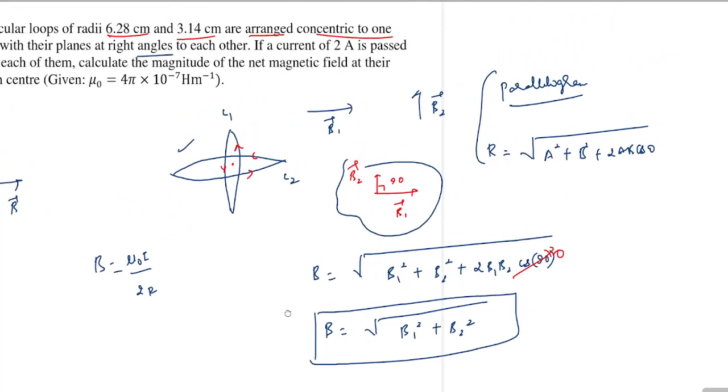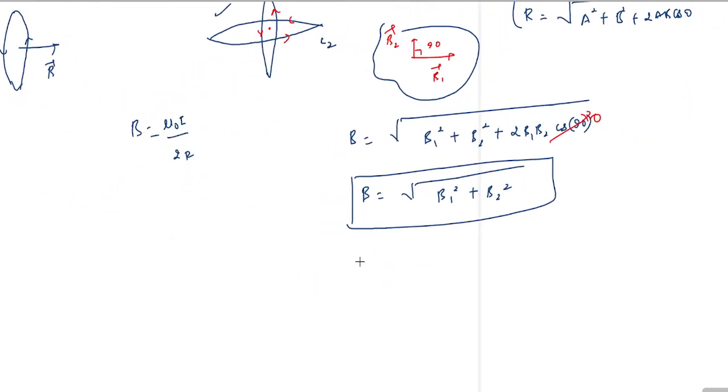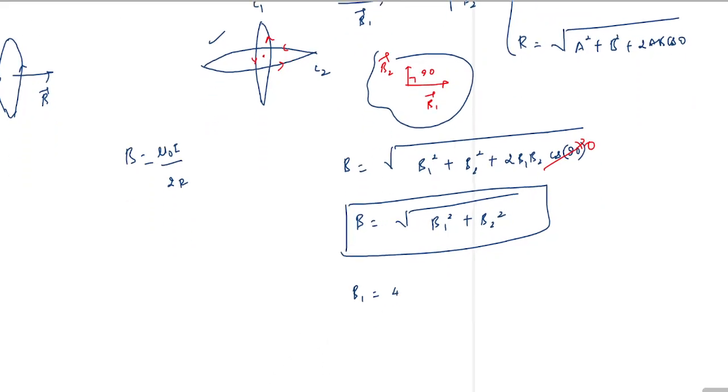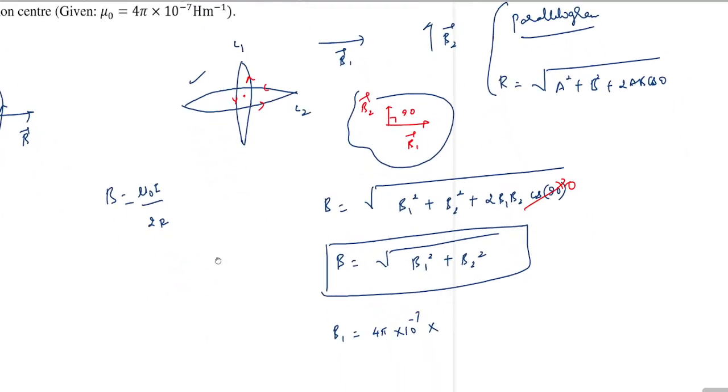Let's find the first field. B1 is equal to mu naught, which is already constant, 4 pi into 10 power minus 7. So it is 4 pi into 10 power minus 7 into current. If you call this loop 1, the current was given as 2 ampere in each case.